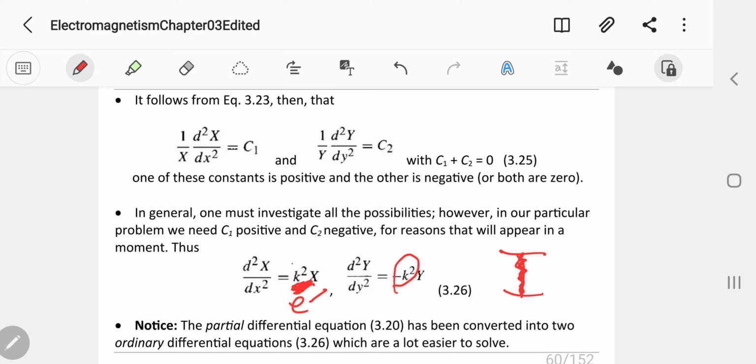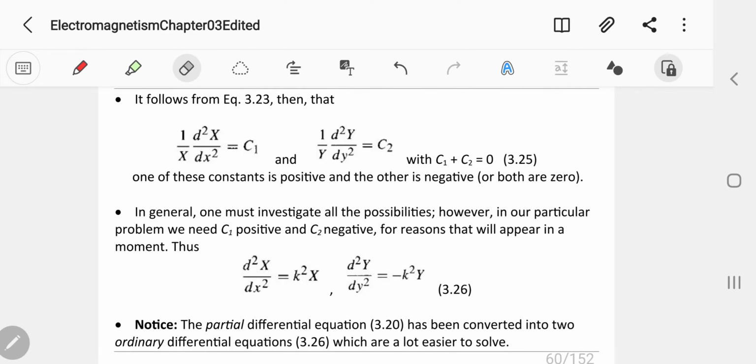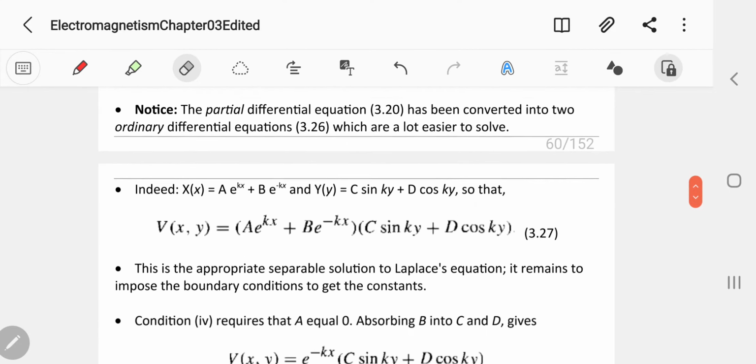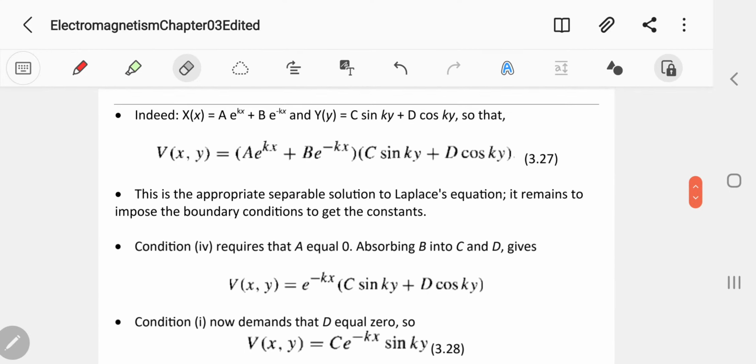So you can choose the positive k squared here and the negative k squared for here, because this one will give you sine and cosine. So x would have this solution, and the y would have this solution, and you can find the product to get the v.